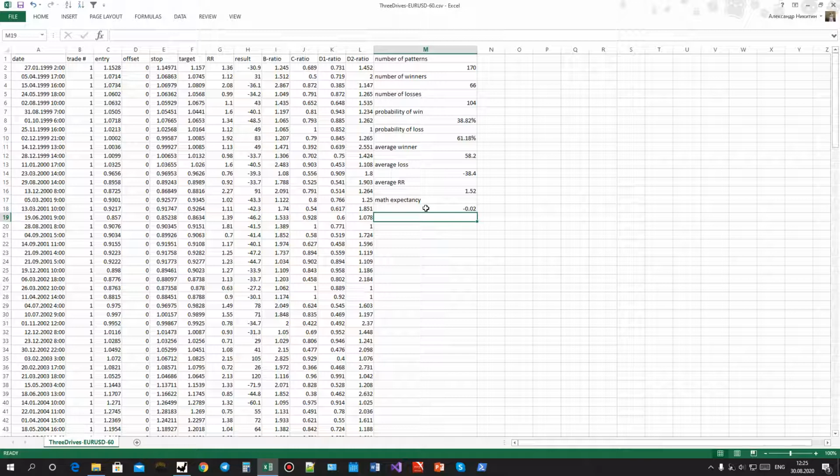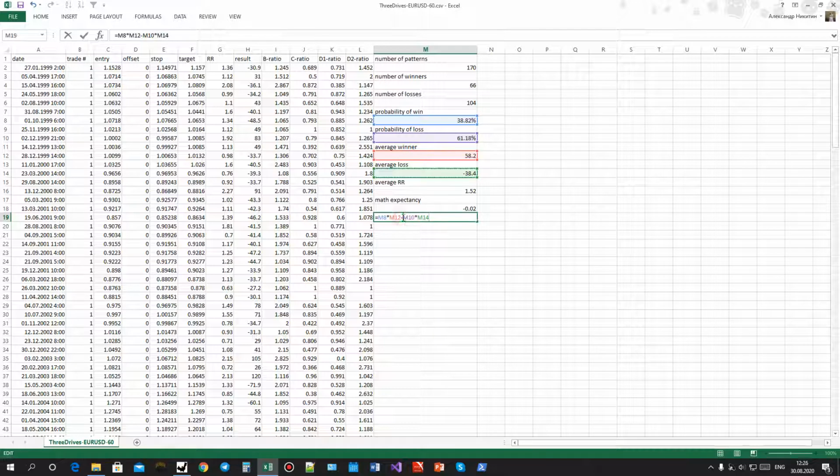And let's calculate the expectancy in absolute numbers. So it equals how often we win multiplied by average winner minus how often we lose multiplied by average loss.